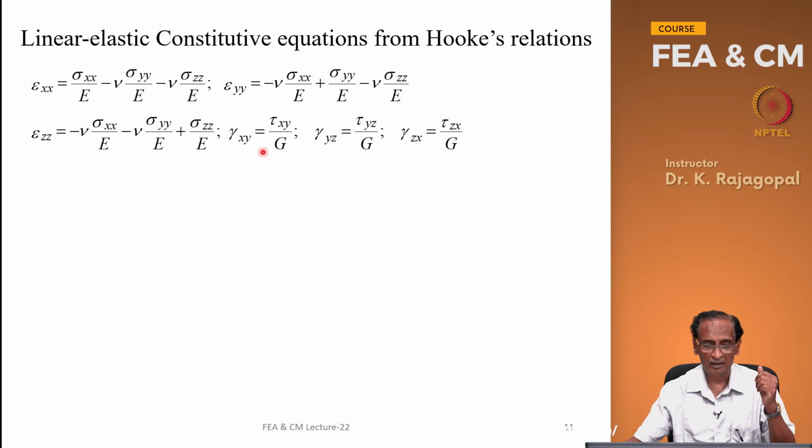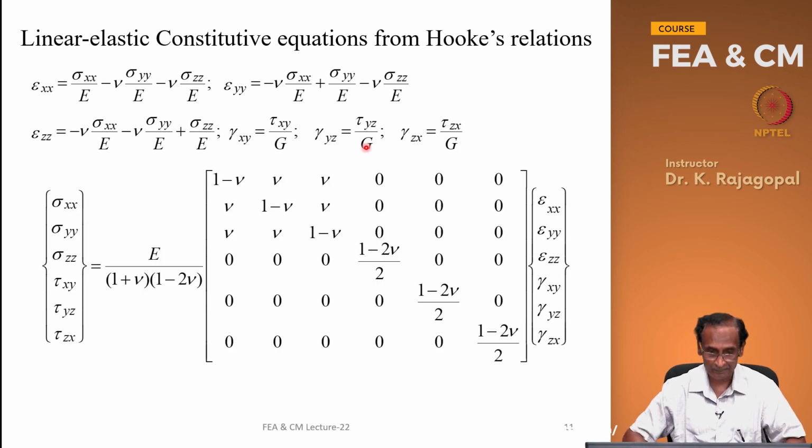And the shear strains gamma xy is tau xy by G, gamma yz is tau yz by G, and so on. And the inverse relation that expresses the stresses in terms of strains is through this.